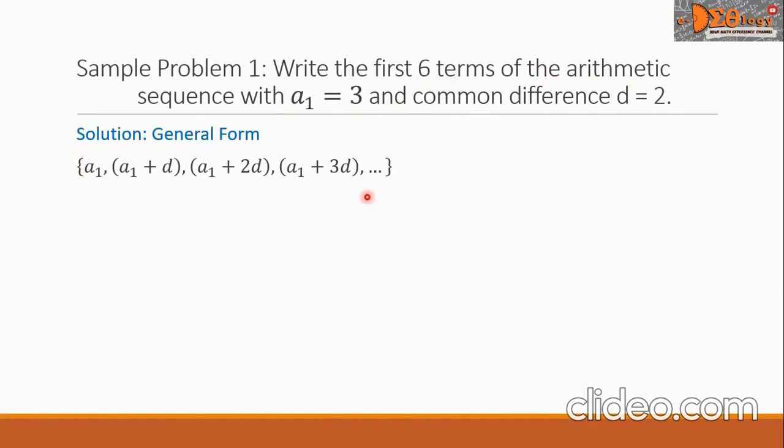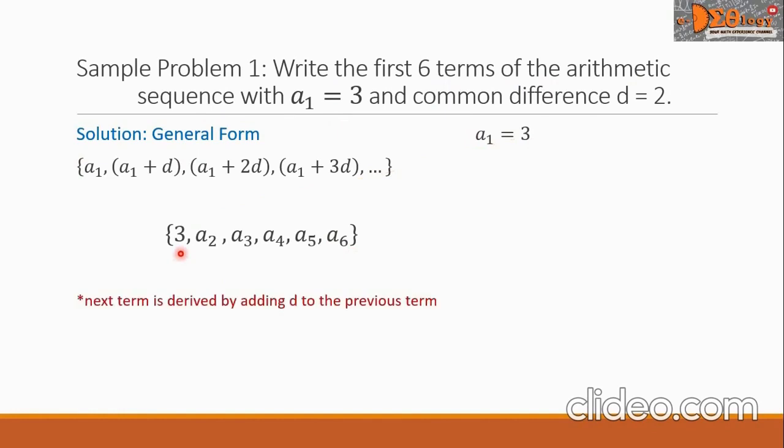Since we need 6 terms, we may write a sub 1, a sub 2, up to a sub 6. In the problem, a sub 1 is already given, which is 3, so we may substitute this value for the a sub 1 in our sequence.